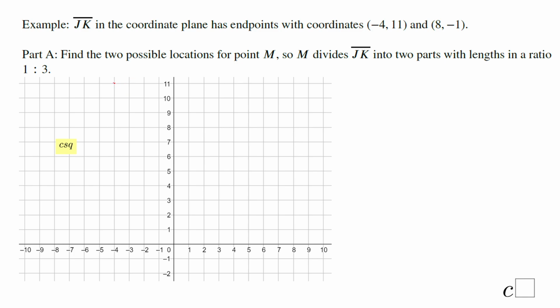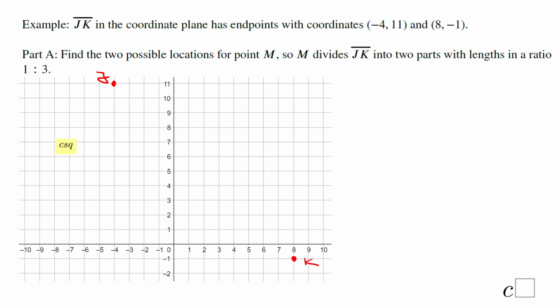I think that would be right here. Let's label the point. This is J, and K is (8, -1), right here. A pretty long segment. I don't even dare to connect it because on the screen I'm going to miss it. Find the 2 possible locations for point M.